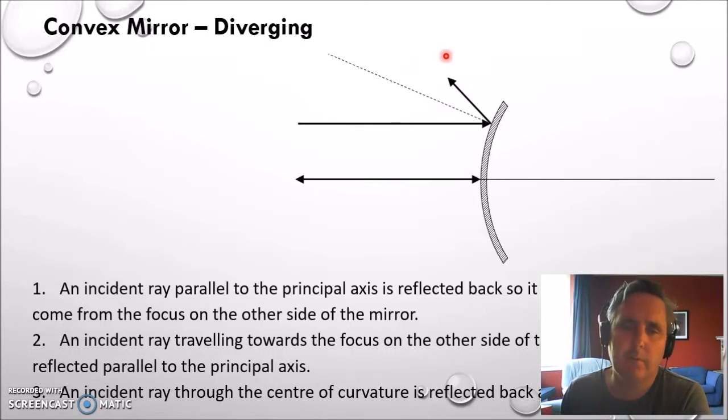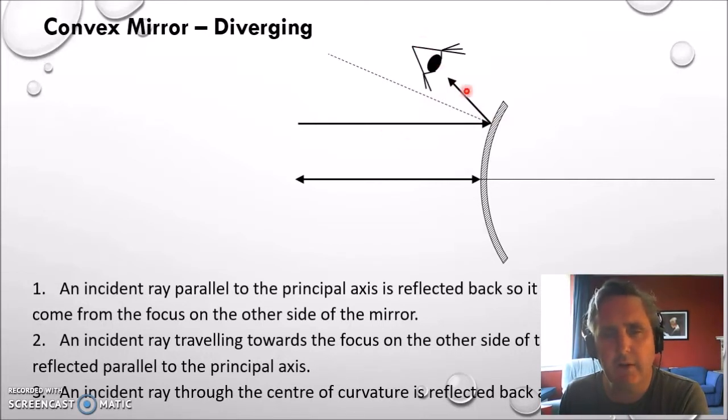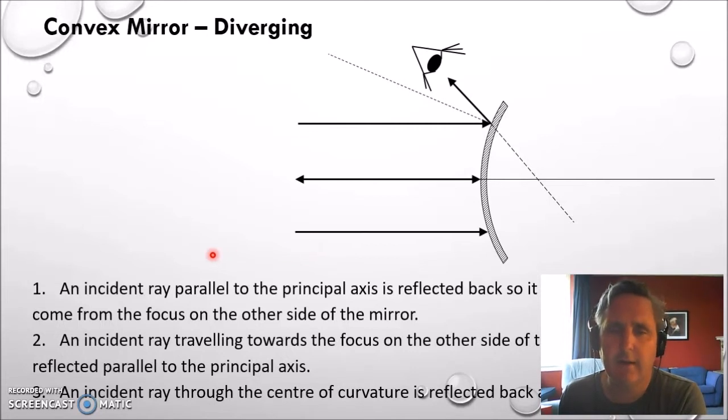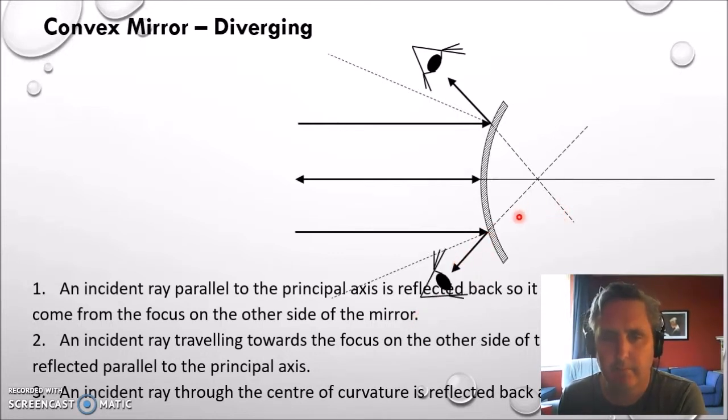Remember what we did before about the flat mirror, though: as this bounces off and it's diverging, when someone looks at this light ray, they're going to think that it appeared along this line. Well, let's do one on the other side. So the light ray hits the mirror, it bounces off the mirror, but where did we think it came from? Right here, and this point where we think it originated from is the focal point.